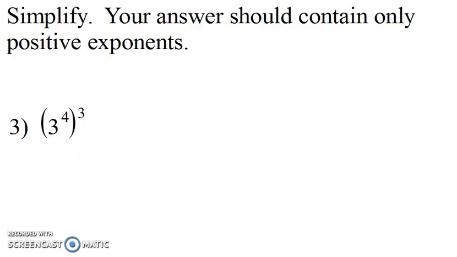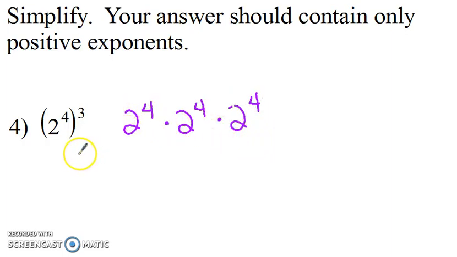Alright, here comes another one. Try this one. On this one, we have 2 to the 4th 3 times. Which means we have 4 2s. 4 2s.